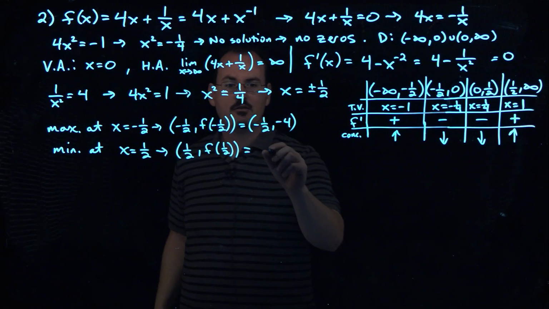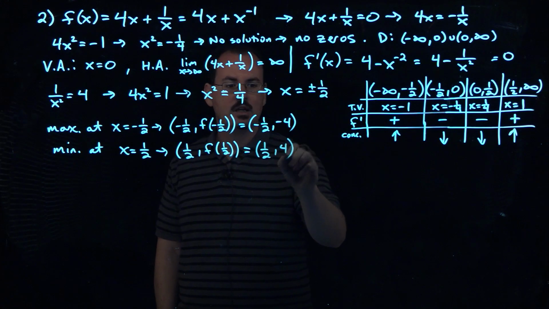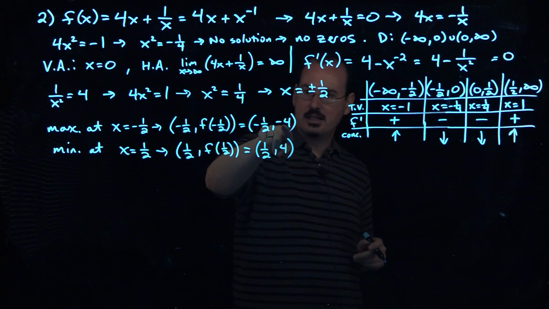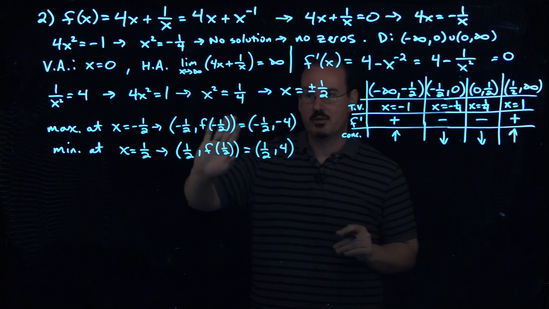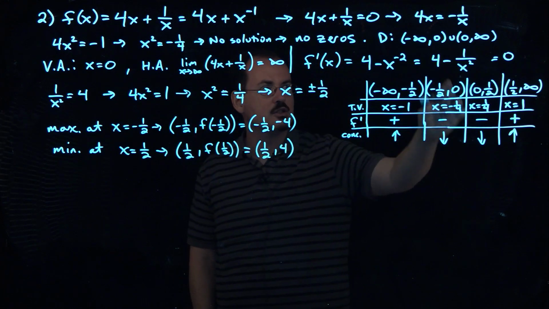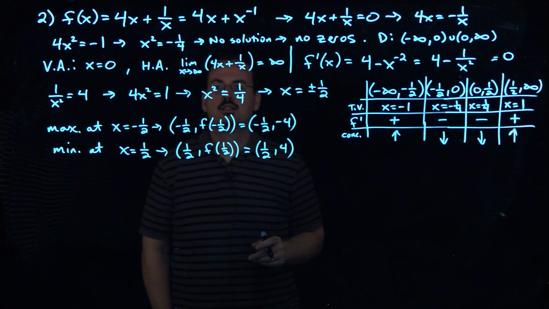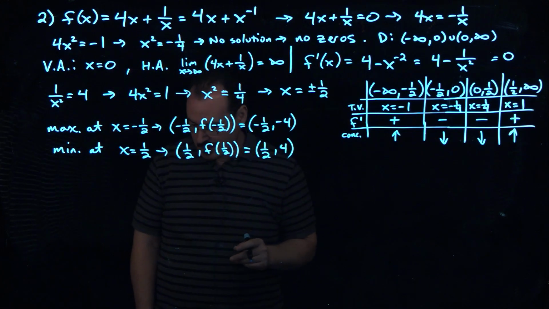So 2 plus 2, I'll have a +4. So I have 1/2 and 4. Now this might seem a little bit strange to see that I've got a maximum value that actually ends up being smaller than the minimum value, which is maybe a little bit weird, but remember that we've got an asymptote, so that asymptote sort of divides it up into 2 different parts, and it's certainly possible to have this happen. So we'll see when we actually graph it what's going on with that.